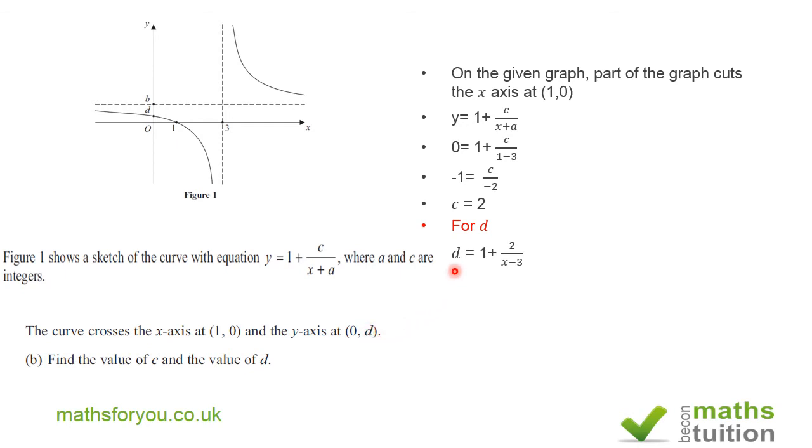And because the point D is on the y-axis, x has got to be 0 there. So we then have that D is equal to 1 plus 2 over 0 minus 3. Don't forget that c is 2 from there. Okay. So now D is equal to 1 minus 2/3. So D has a value of 1/3.